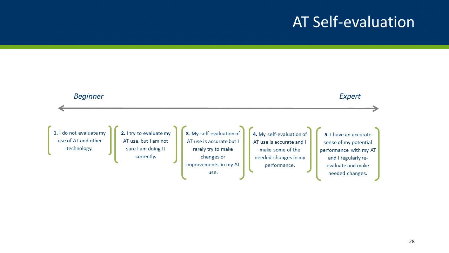This is also really important because technology changes so rapidly. Being really aware of what the assistive technology is doing for you, and if it's not performing as you think it should, having that self-evaluation skill to know that there's probably other assistive technology out there that would help.